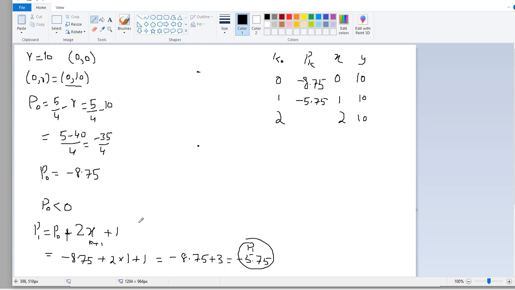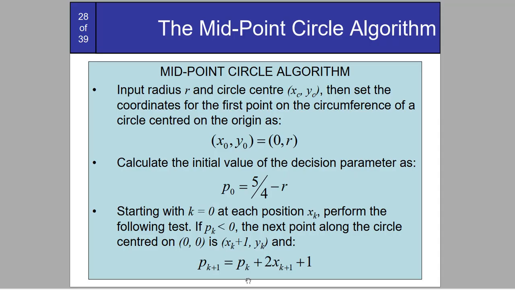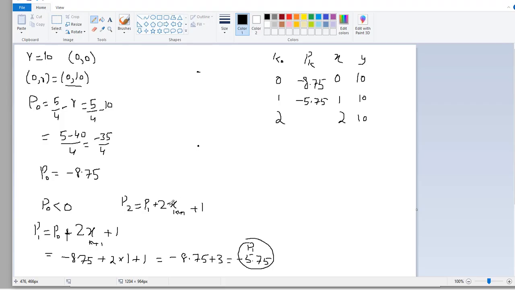The new point will be P2, using the same equation, which is equal to P1 plus 2 xk plus 1 plus 1. This is equal to what? P1 is minus 5.75 plus 2 times x1, which is 2, plus 1.